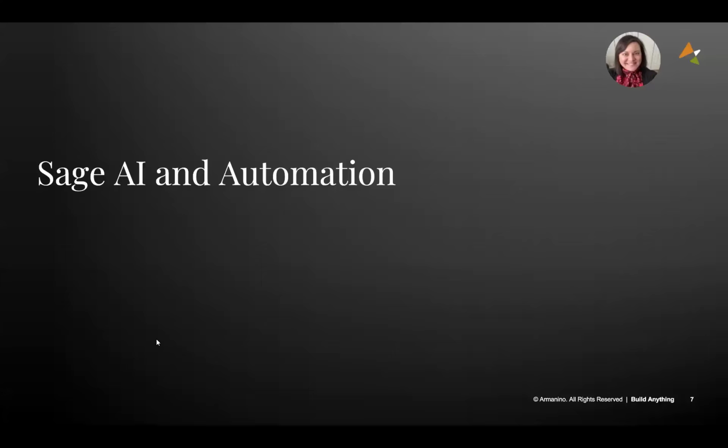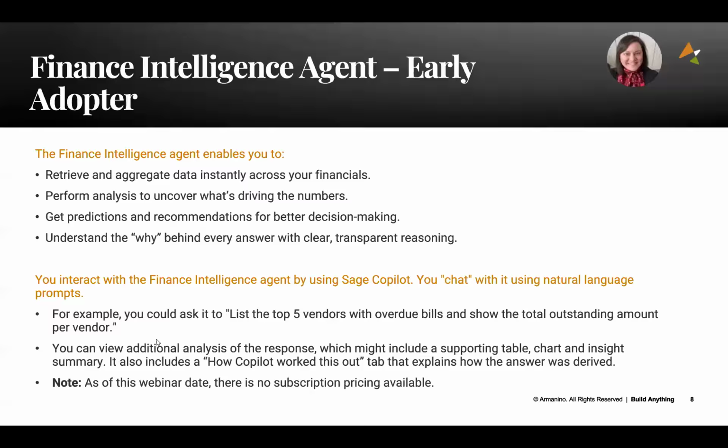The first innovation topic is Sage AI and automation. The Finance Intelligence Agent is an early adopter feature. As we know, we've got AI that is infused into these environments. You've got the ability to have the GL outlier detection that utilizes artificial intelligence, as well as AP automation that also uses AI as well as machine learning.